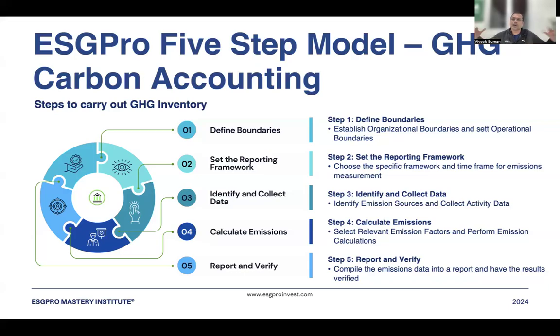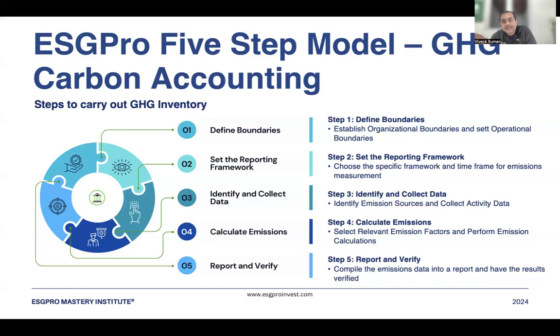Organization, up to where I control. That defines the organizational boundary. When I'm talking about operational boundary, I talk about how my process works and what all I control, what I can't control. Here Scope 1, 2, and 3 get defined.